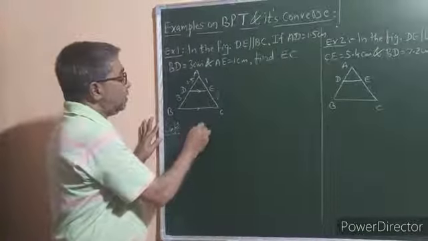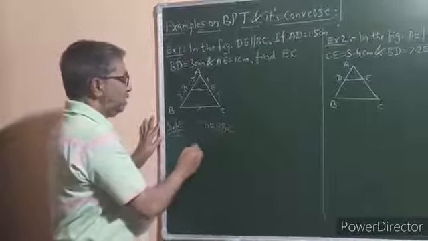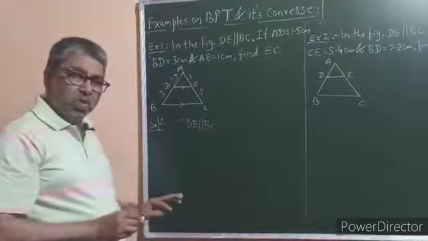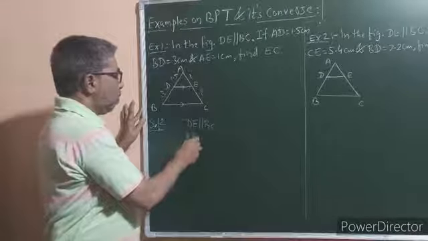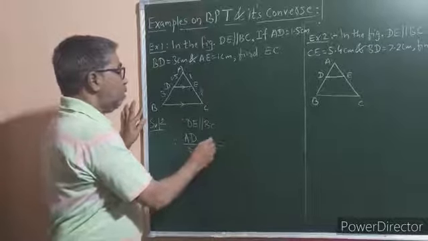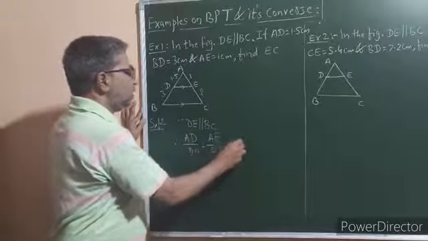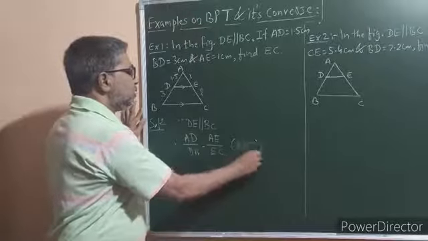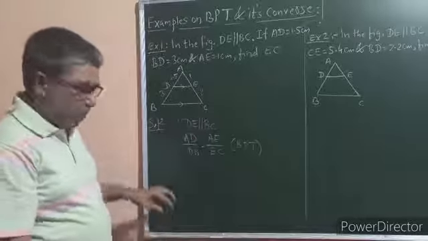Since DE in the figure is parallel to BC, therefore according to Thales theorem, AD upon DB is equal to AE upon EC. This is from basic proportionality theorem.